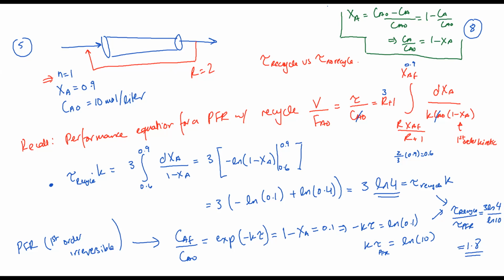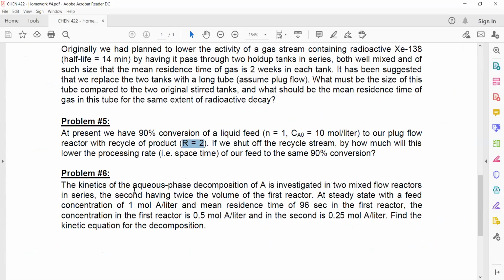Let me clear all the drawings and go back to the homework. Number 6 here: the kinetics of the aqueous phase decomposition of A is investigated in 2 mixed flow reactors in series, the second having twice the volume of the first reactor.